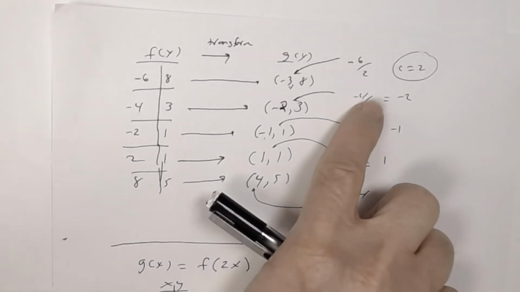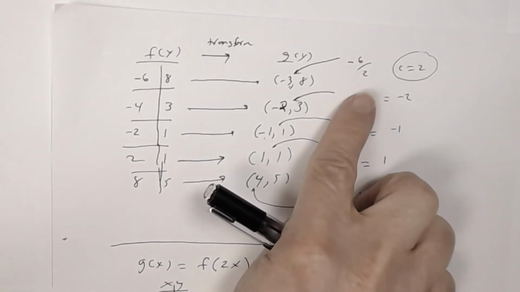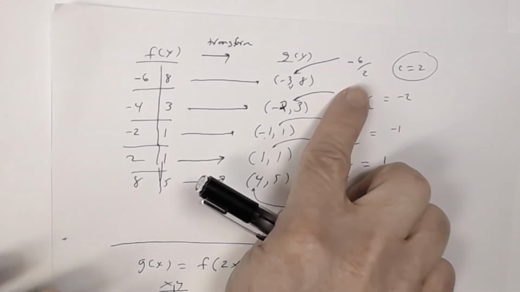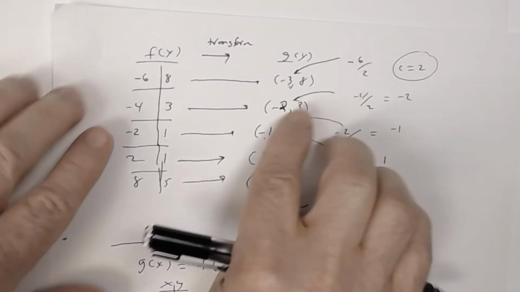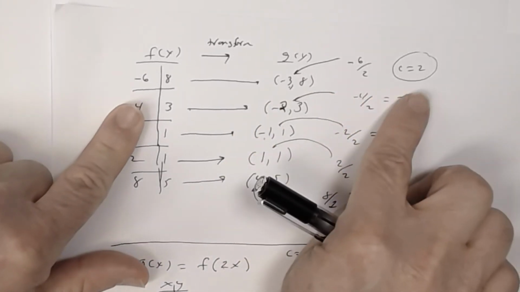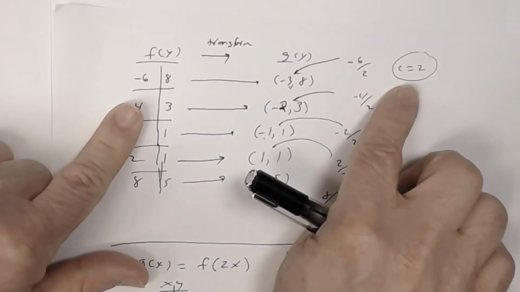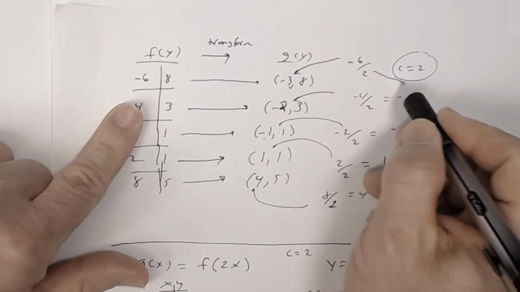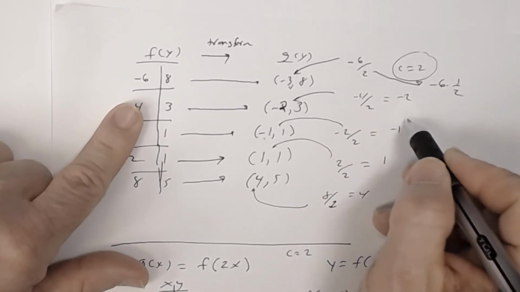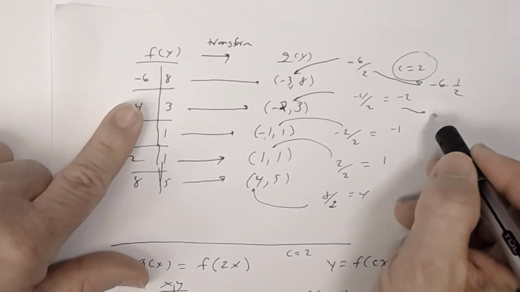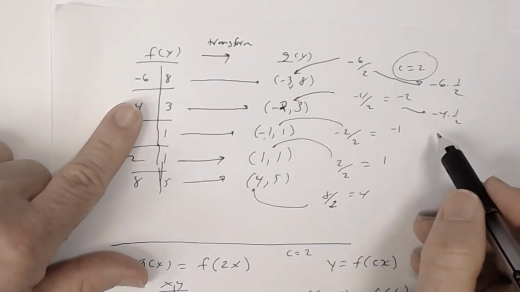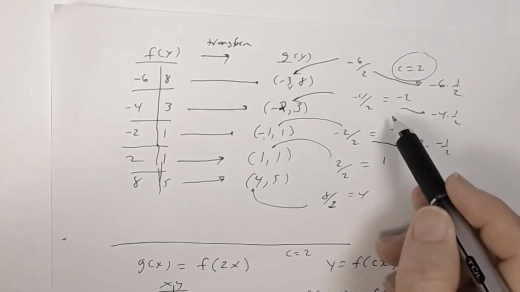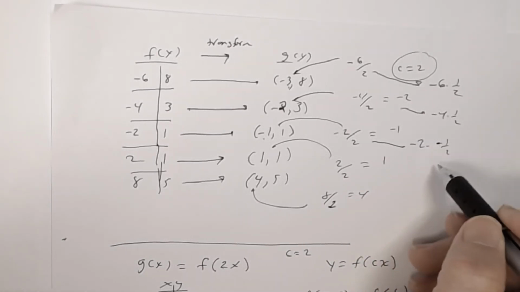So in this case, well, I got to be careful here. So it changed by a factor of C. I need to be careful with this because let me change that wording. I'll come back and change the wording because the factor is not really 2. If you look at this, negative 6 is negative 6 times a half, right? Negative 4 is negative 4 times a half. So I need to be careful. Negative 2 is negative 2 times a half. So remember, dividing by 2 means multiplying by half, right?